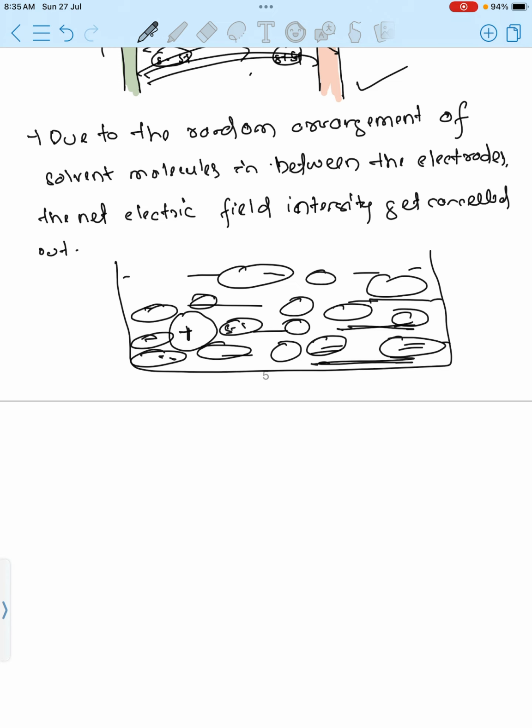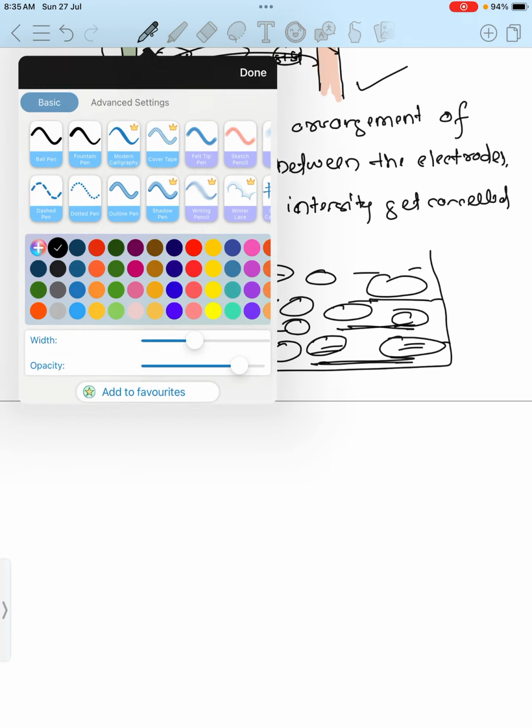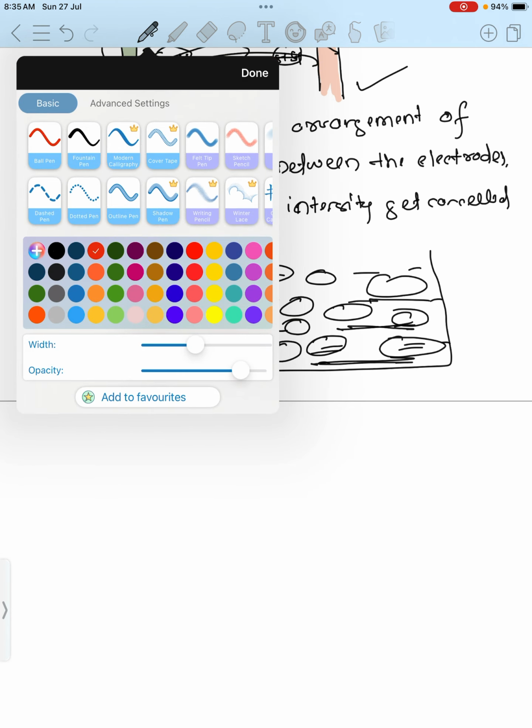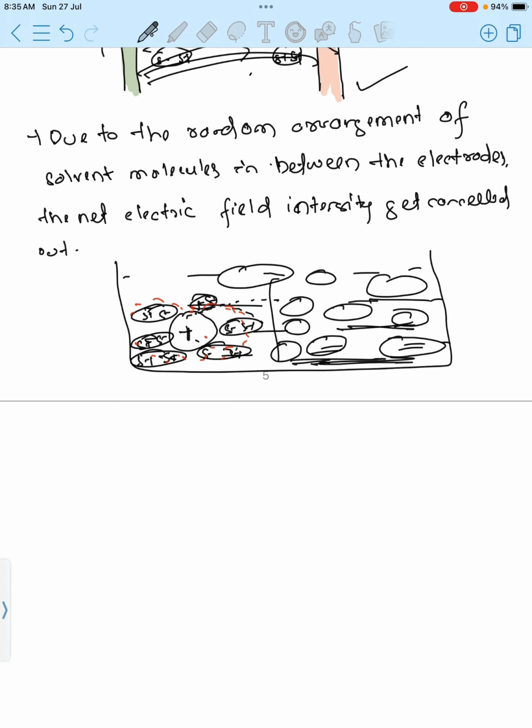The solvent molecules which are present very near to the ion are present near the higher electric field. As we move far away from the ions, obviously the electric field intensity of the ions will decrease. Therefore, the solvent molecules which are present far away from the ions are randomly arranged.